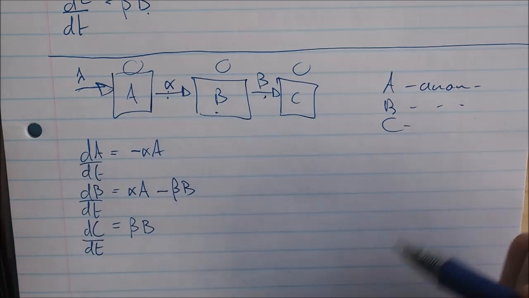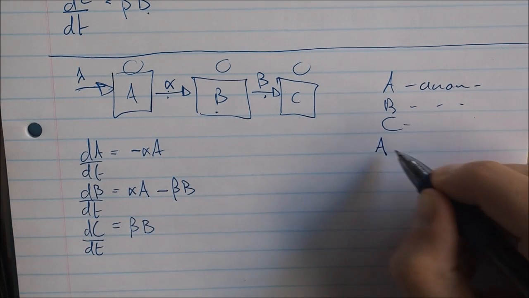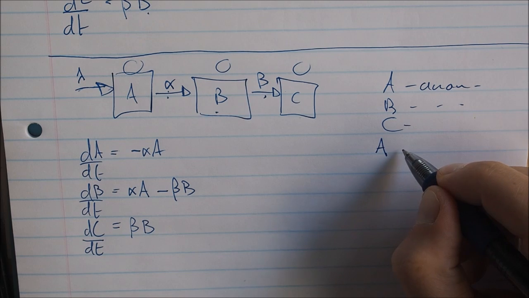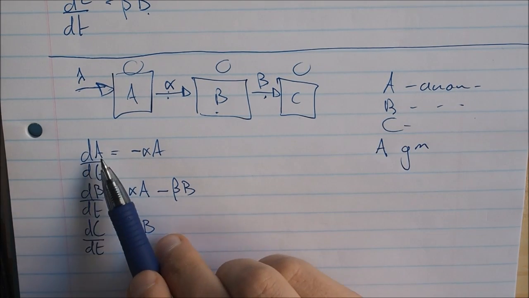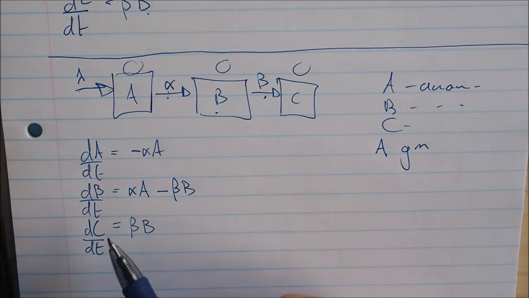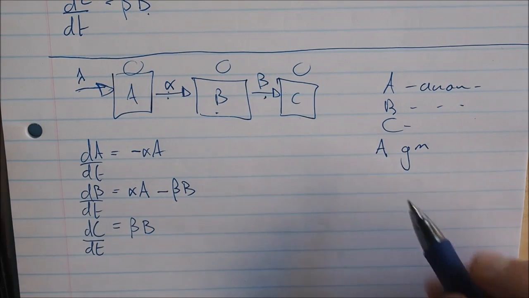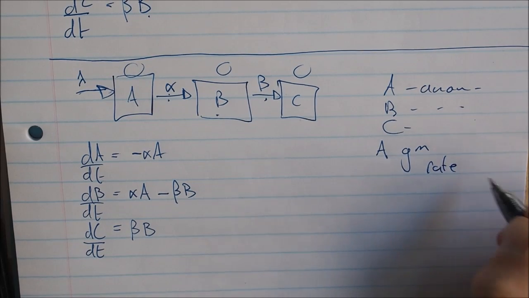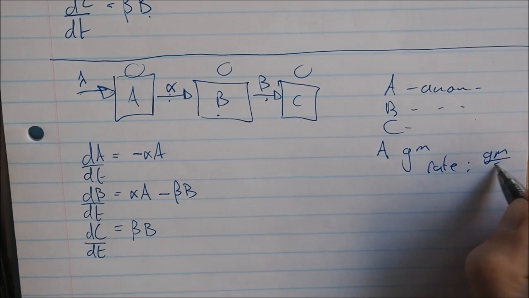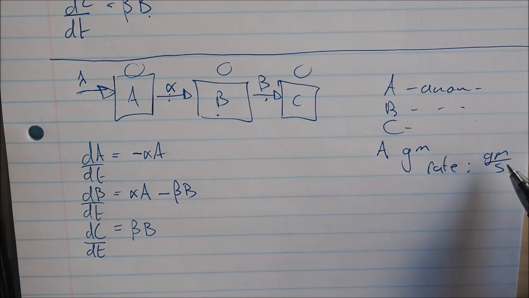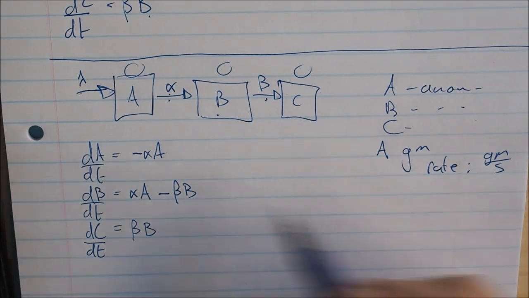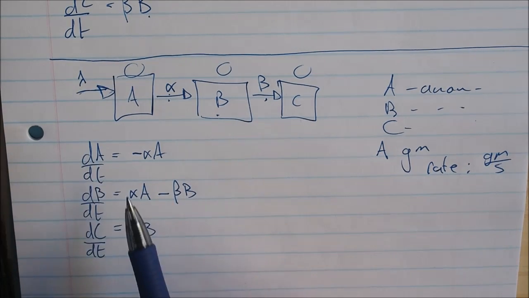If A is measured in grams, dA by dt is going to be grams per second, so that's a rate. So how many grams per second is being supplied by lambda?